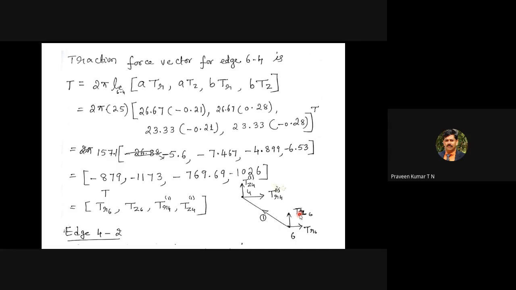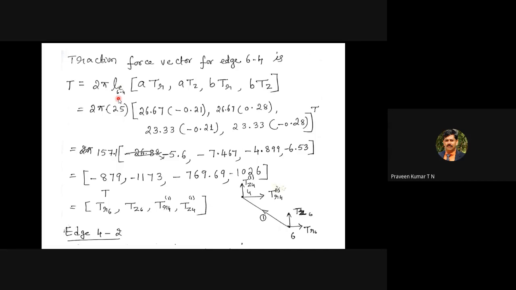We have a formula that we also derived in the previous class. The traction force vector is given by the general formula 2 pi Le. The general formula is Le, but now you are finding the traction force for edge 1. The nodes of edge 1 are 6 and 4.